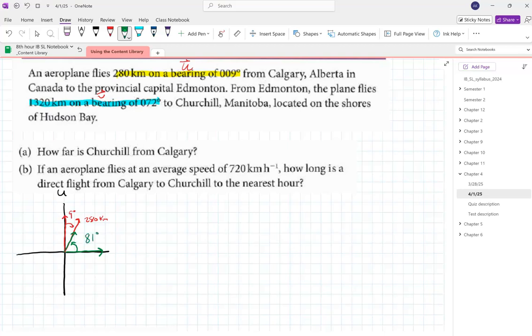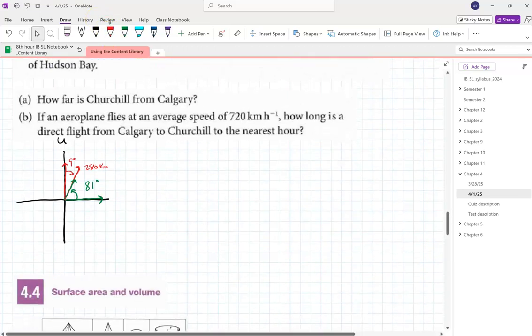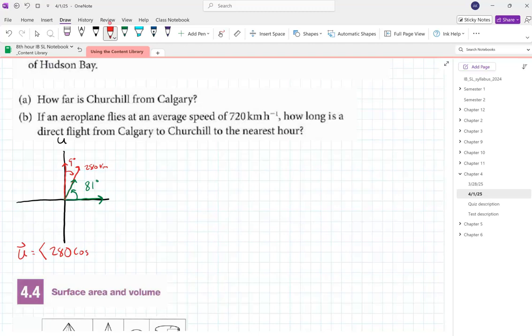Wait, this is not considered drawing a triangle. When I say drawing a triangle, I'll show you afterwards what it would look like, but it stinks. So I'm going to resolve this now into a vector. I'm going to do the magnitude of the vector times cosine of its standard position angle, 280, or magnitude times sine of its standard position angle. Done.